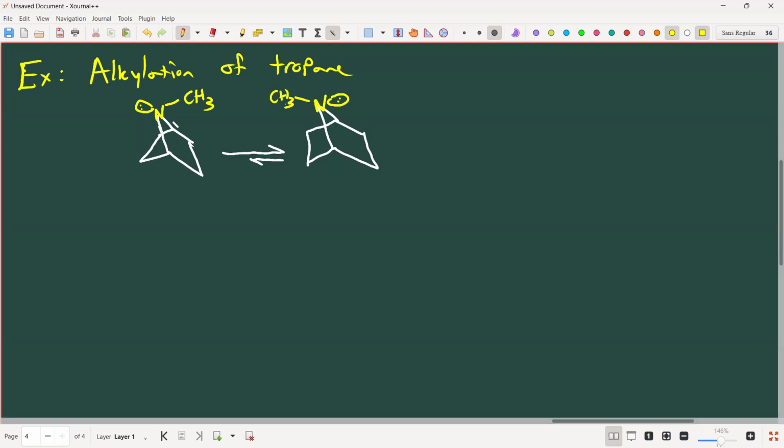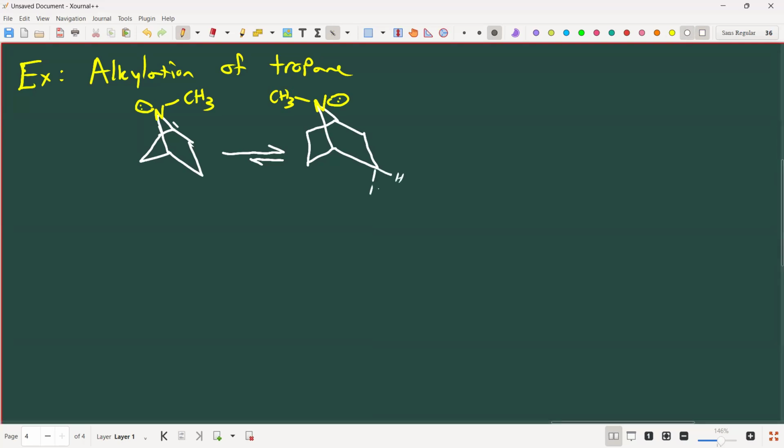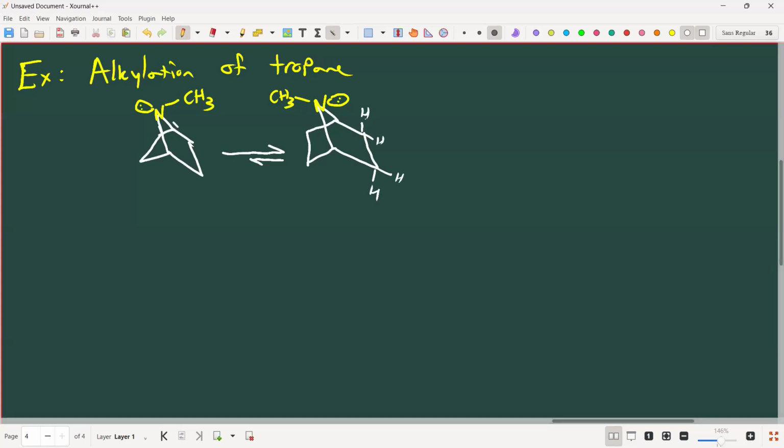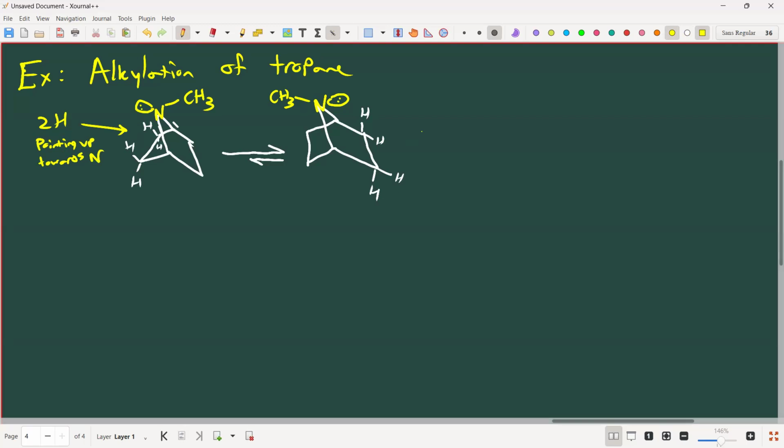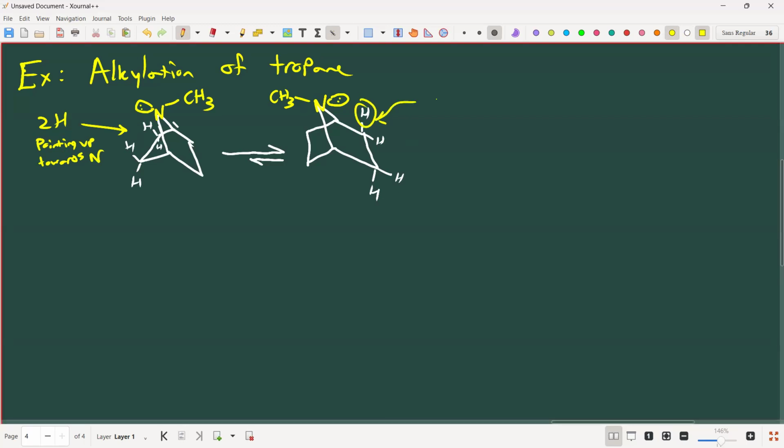So let me show you what the difference between these two are. It's kind of hard to see from this structure. But the idea is that there are two hydrogens kind of pointing down here. There's a hydrogen pointing up here. And on this side, there are two hydrogens pointing up towards the nitrogen, and here there's only one.